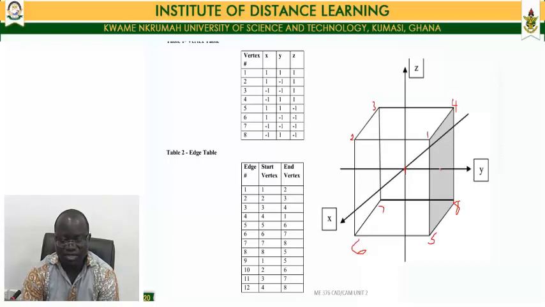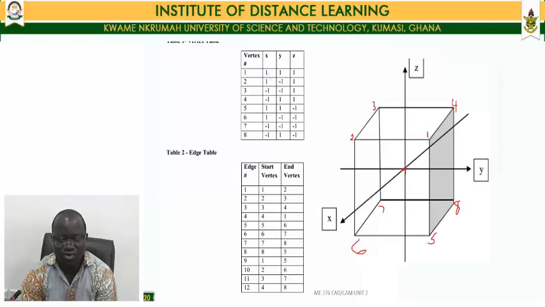Then we can define the coordinate values. To actually get to point 1, we have to move 1 unit along the x, 1 unit along the y, and 1 unit along the z. So we go positive x in this direction, then positive y in this direction, and then we come to positive z.